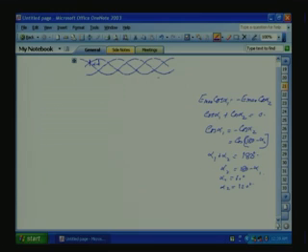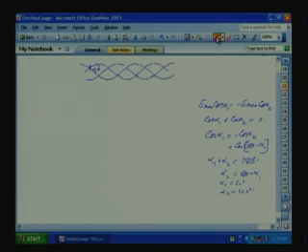So, alpha 1 is equal to 60 degree, so alpha 2 should be 120 degree, that is, 180 minus alpha 1. So, if you see alpha 2, it starts from here, somewhere here.